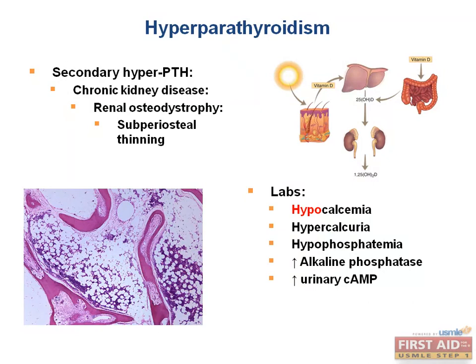I think of it as a combination of two things, osteoporosis and osteomalacia. Remember, osteoporosis is due to increased osteoclast activity, whereas osteomalacia is due to inadequate vitamin D, leading to low calcium levels and poor bone mineralization.